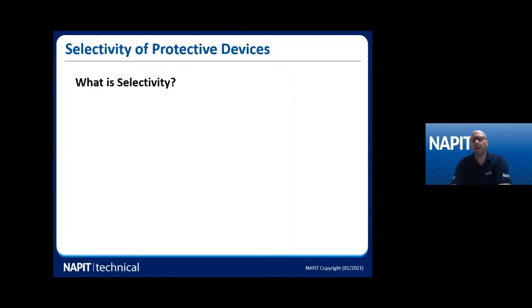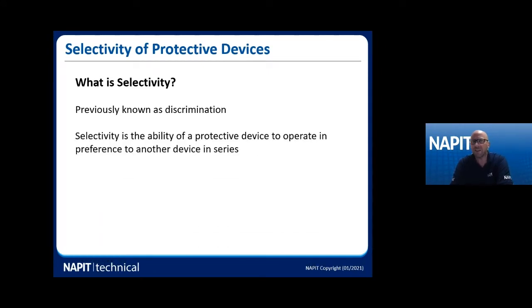So straight away, I'm sure you're all familiar with what selectivity is, but for the guys that are still using older terminology, it was previously known as discrimination. Basically, it's the ability of a protective device to operate in preference to another device, which is in series. It all sounds fairly simple, but let's have a little look at the definition.